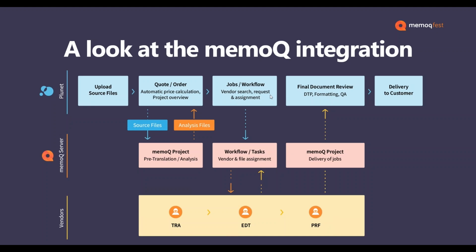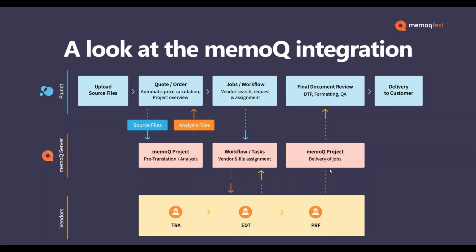Once a quote can go ahead, jobs are assigned to specific vendors to perform certain steps in the translation workflow. These are also all arranged in Plunet and are programmatically transferred to memoQ. So a memoQ project is created and vendors are assigned in memoQ as well. These steps are then completed by a row of linguists.